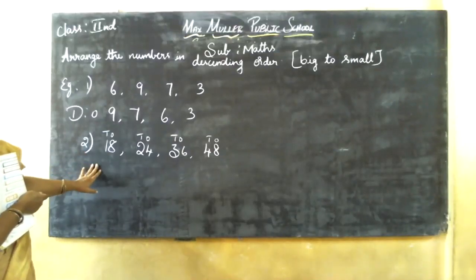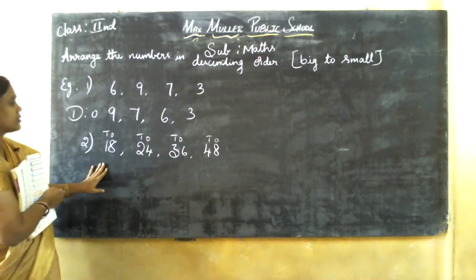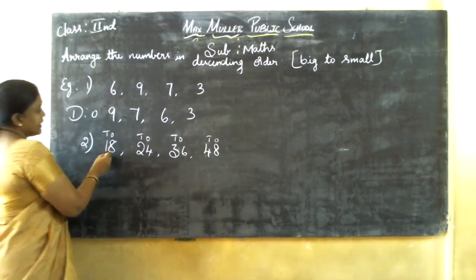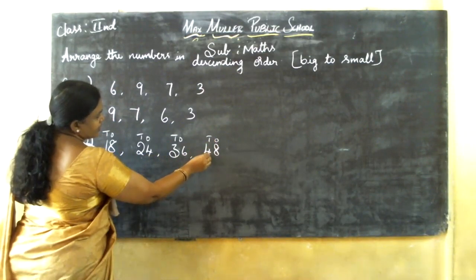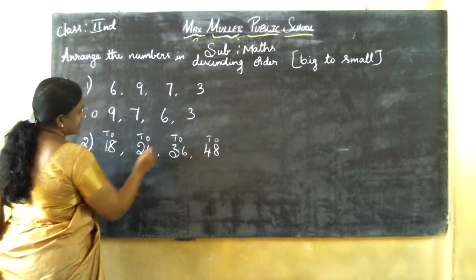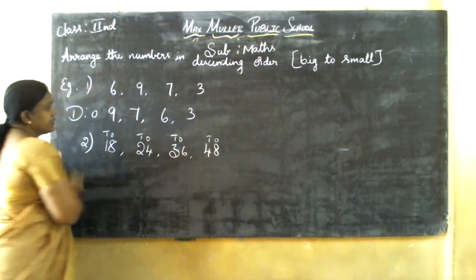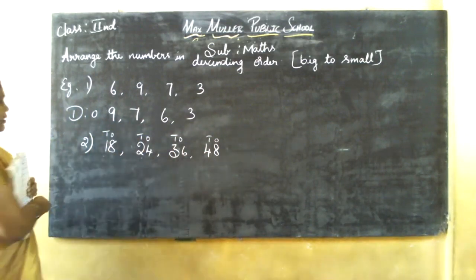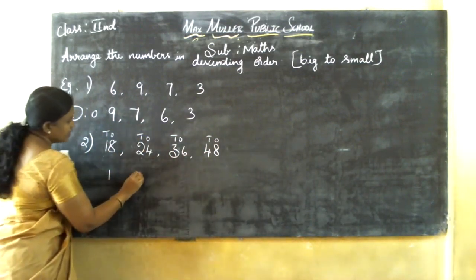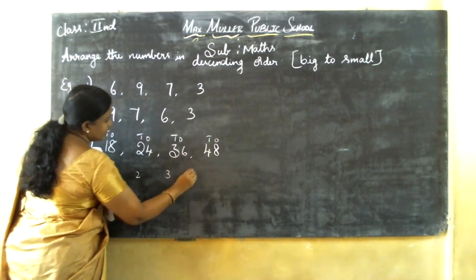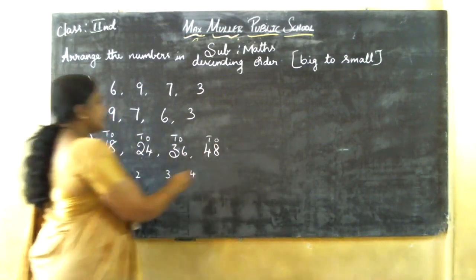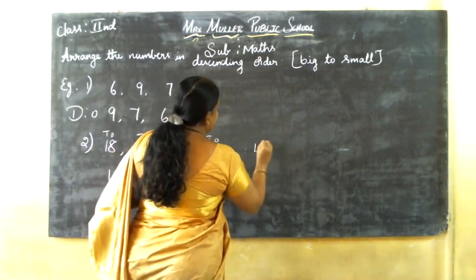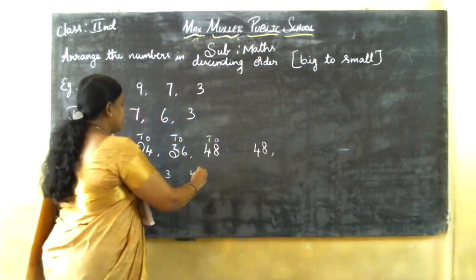Now in descending order, you want to write big to small. See the tens place: 4 is in tens place, 3 is in tens place, 2 is in tens place, 1 is in tens place. Which one is bigger, children? 4. 48 is the bigger. First we will finish 48.